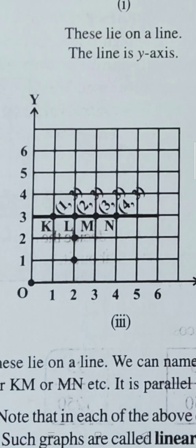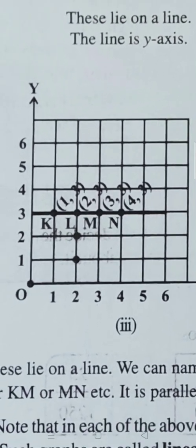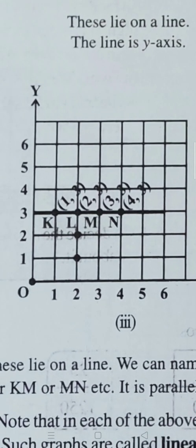Y will remain what? Where it is touching, on 3. So see over here, you can see in the coordinates everywhere y remains constant, 3, 3, 3. Only the x-axis you have to see. K is where? On 1. L is where? On 2. So only your x will go on changing and y will remain constant.